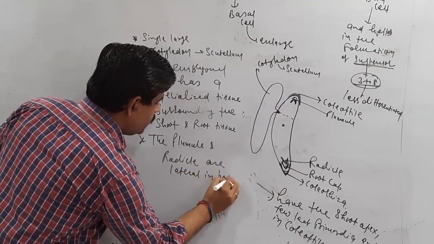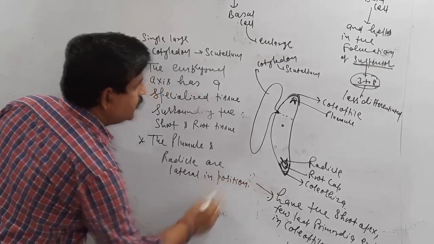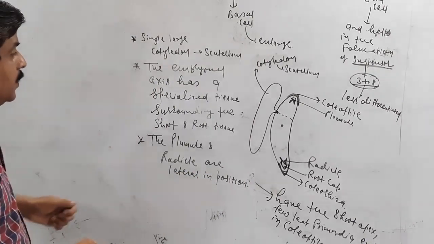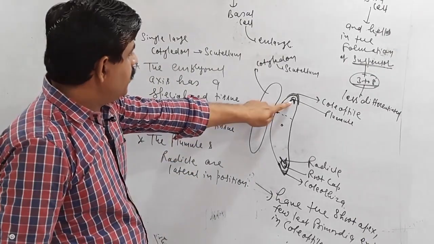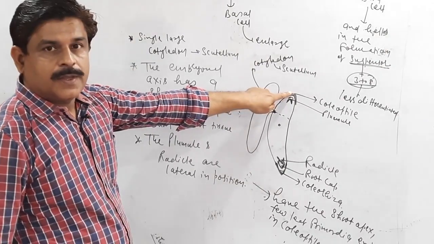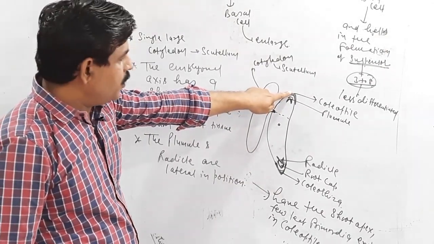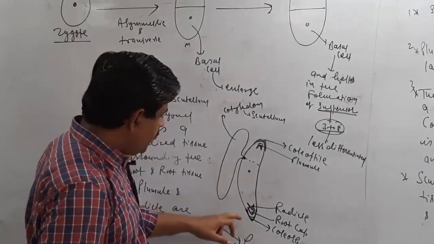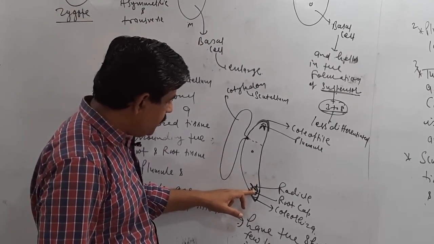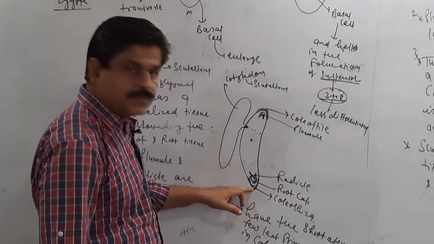This plumule is protected by the coleoptile, a leaf-like structure. The radicle is protected by the root cap and coleorhiza.